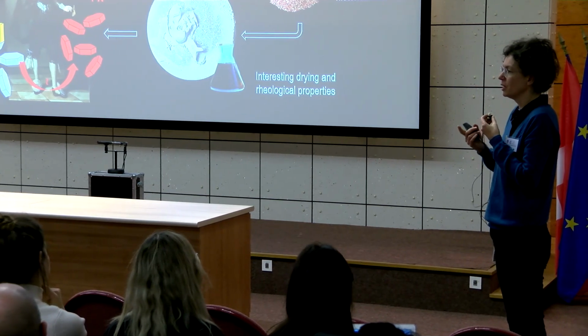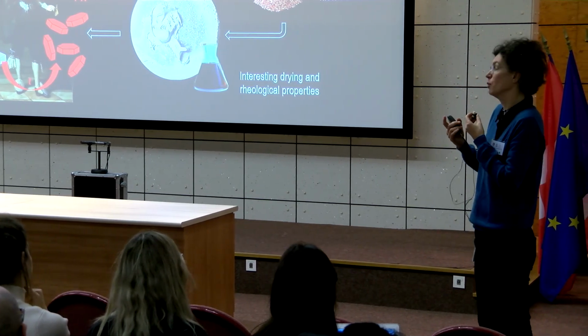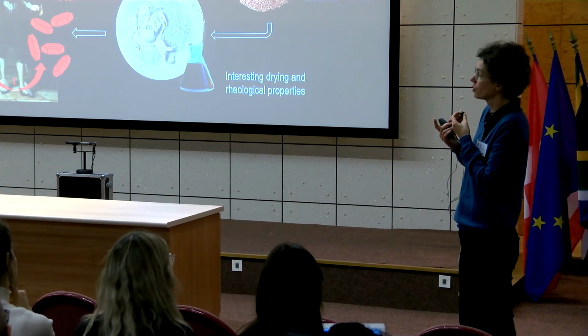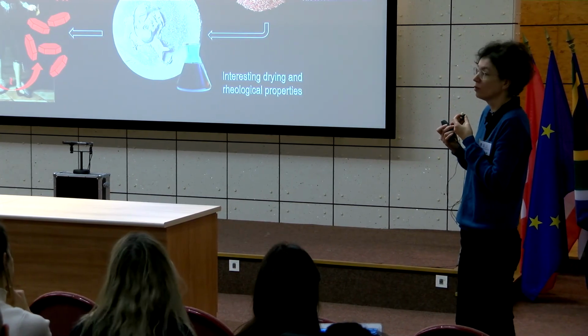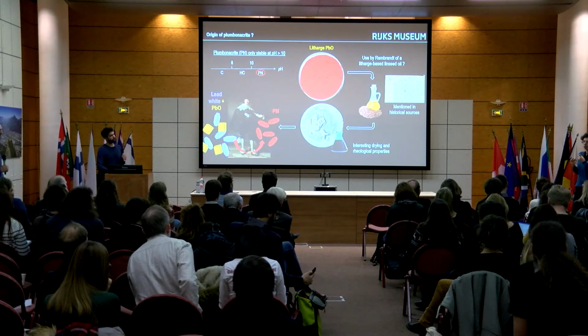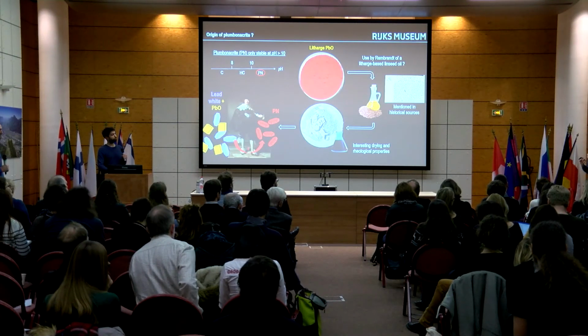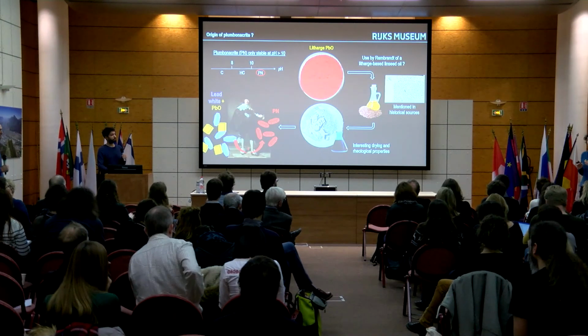So it may be a trace of remaining litharge, not for so long, because plumbonacrite forms in one month. Fast, yeah, very fast after the preparation of the oil. Yeah, a few hours.